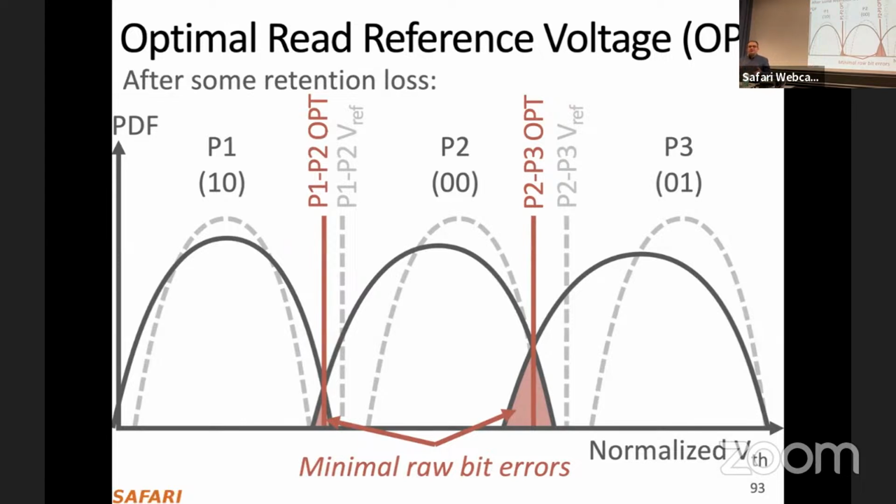So always the idea in flash memory is that at some point you're going to get some errors, but you need to try to optimize your decisions in order to have errors less than the maximum correction capability of your ECC, such that you can correct the errors.